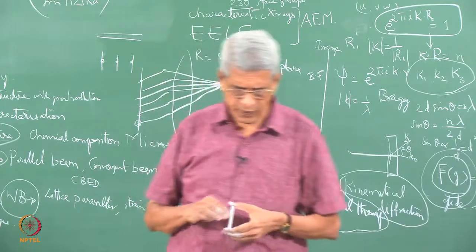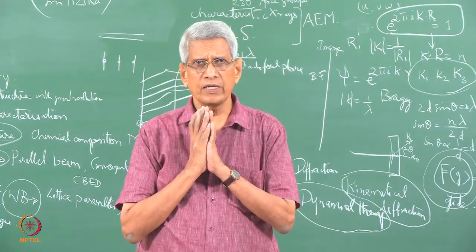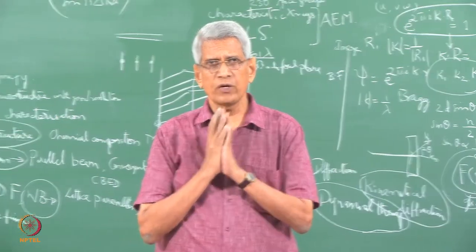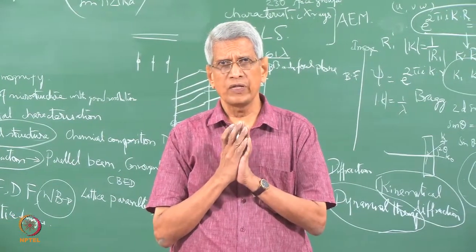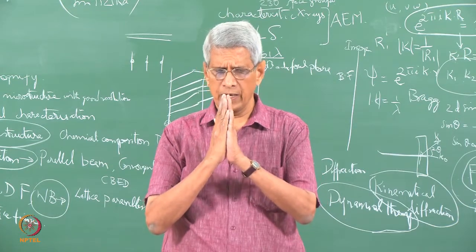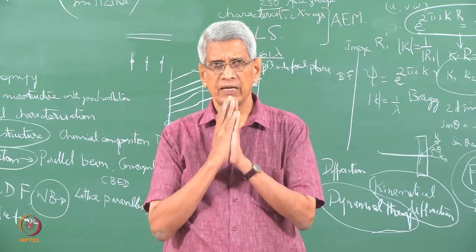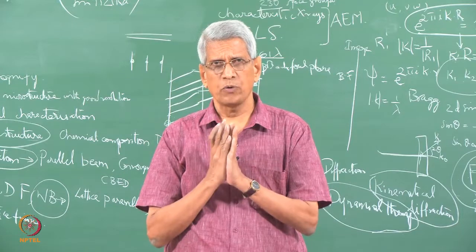I had also mentioned that there are various modes in which this imaging could be done. If you want to image a dislocation, then we have to use a low index zone axis pattern, and if we try to image the dislocations, all the dislocations present in the sample could be imaged.